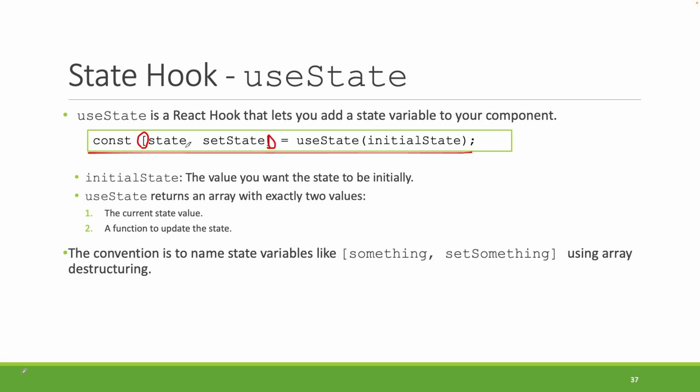You have a state, and you have a function. This function will be used to change the state, and whenever you call this function, it will also trigger the view to be re-rendered. useState returns an array with exactly two values: a current state and a function to update the state.